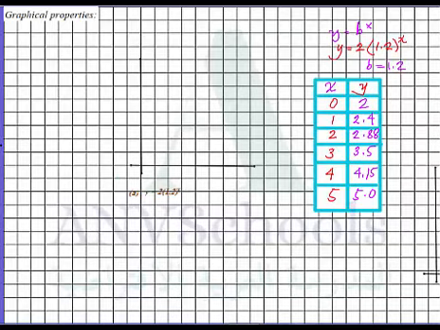So if my x is 0, then I have a y-intercept at y equals 2. If my x is equal to 1, I have 2.4, so it's almost in the middle of 3 and 2. If my x is equal to 2, I have 2.88, so it's almost 3. And if x is equal to 3, I have 3.5 as my y.